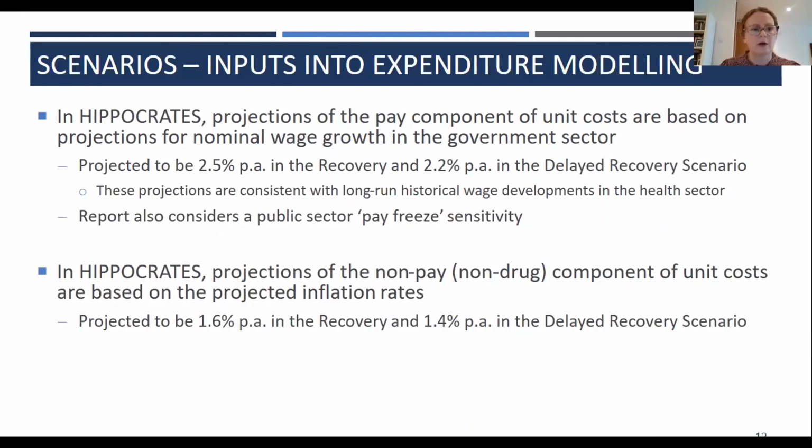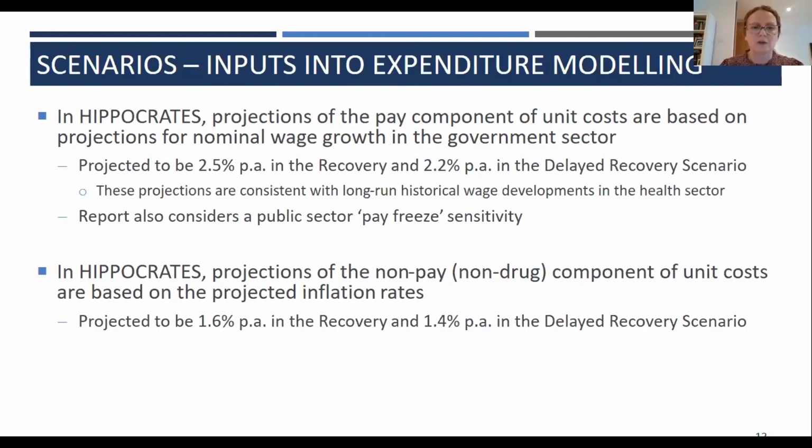In terms of inputs into the healthcare expenditure model, in Hippocrates, projections of the pay component of unit costs are based on projections for nominal wage growth in the government sector from Cosmo, and that's projected to be around 2.5% per annum in our recovery scenario and 2.2% in our delayed recovery scenario.